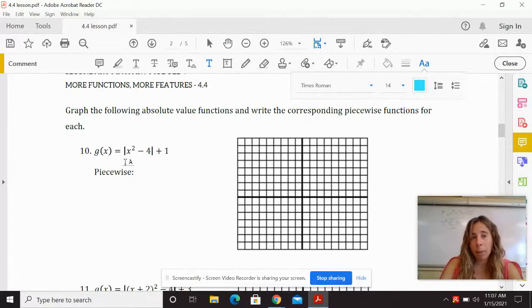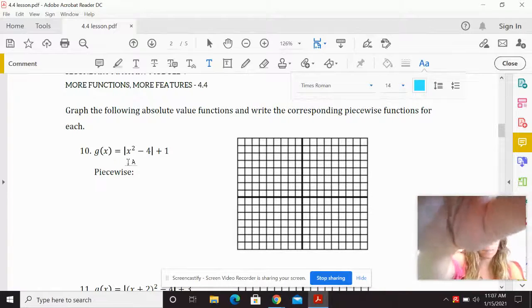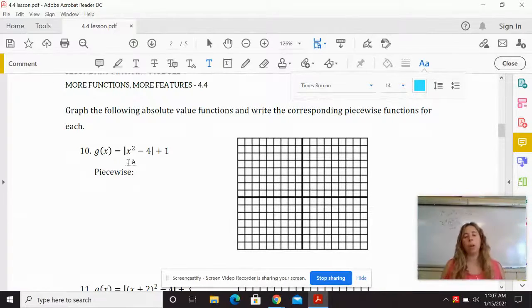We don't start out with a quadratic. Please pause me and try these by yourself before I explain them. It'll help you learn. Even if you try it and you get it wrong, it still helps. We learn from our mistakes. So please pause me and try and graph the absolute value of x squared minus 4.